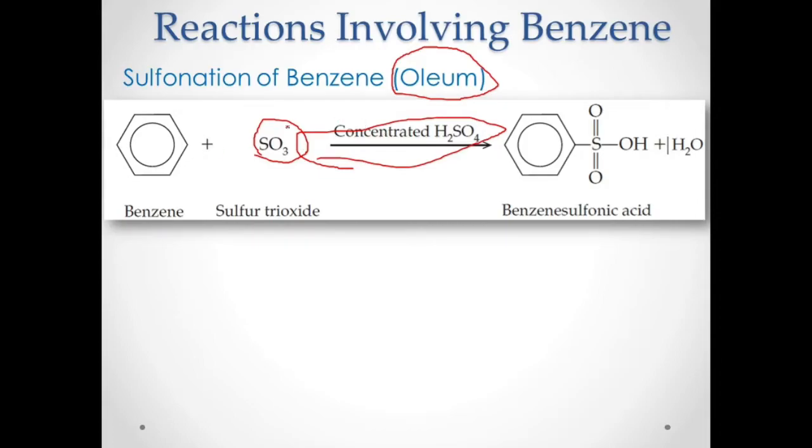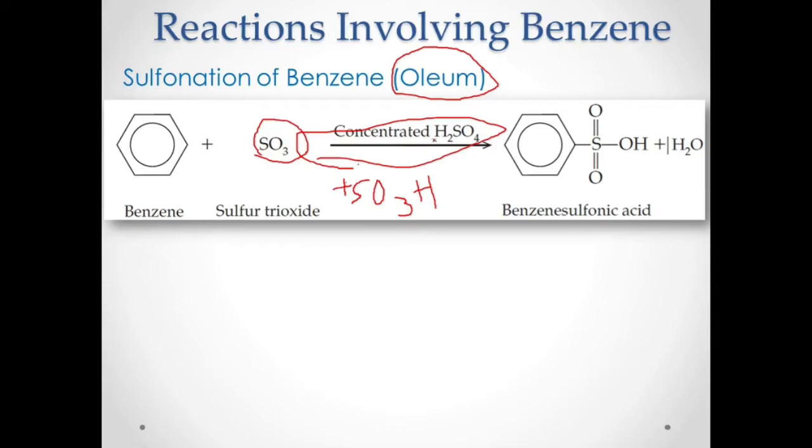Okay, so when oleum is present, then this is what we call a formation of an electrophile, which becomes an SO3H, and you have your sulfur as your positive. That would be the formation for this oleum reaction.